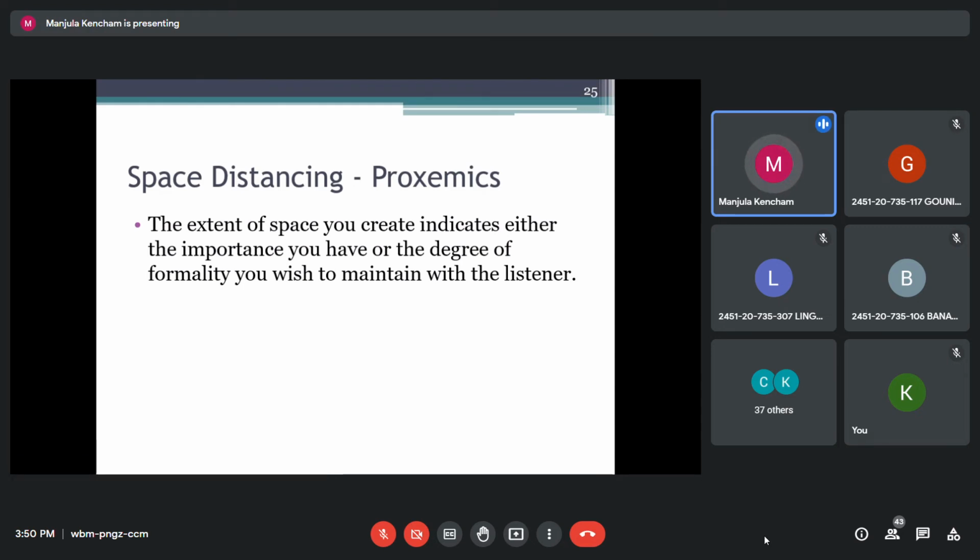Instead, if you want them to be with you all through your presentation, that is when you have planned to give them some kind of handouts or other things you can talk about, you can mingle with them, interact with them by walking around them, by talking to them. That uses lesser space, so you can try to establish better relation with them.